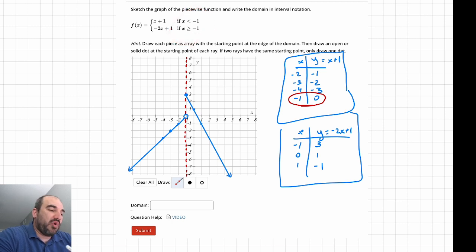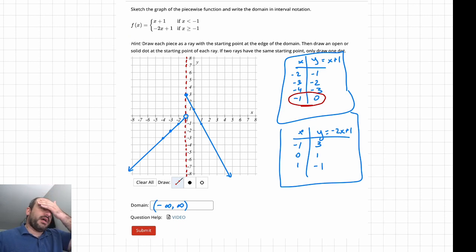But do we have a point on the blue line at x equals -1? It's a yes or no question. Yes, and it's right here, correct? It's the point -1 comma 3. So the only place we might have a skipping is here at this red dashed line, but we don't skip there because we do have a point there.